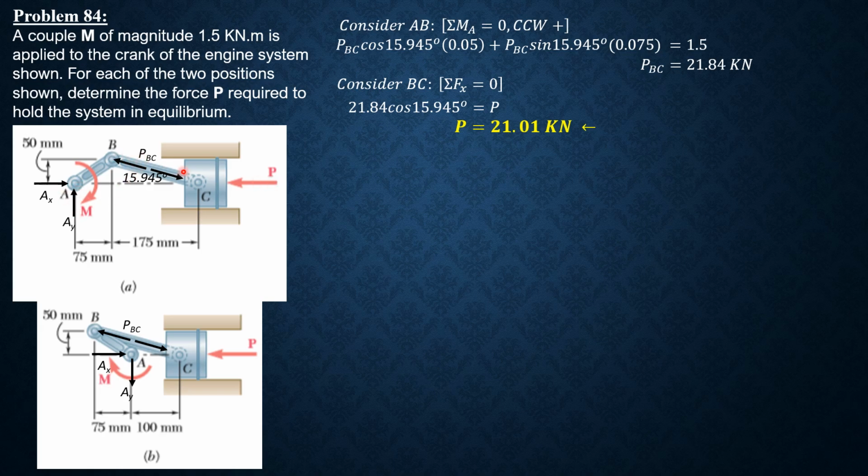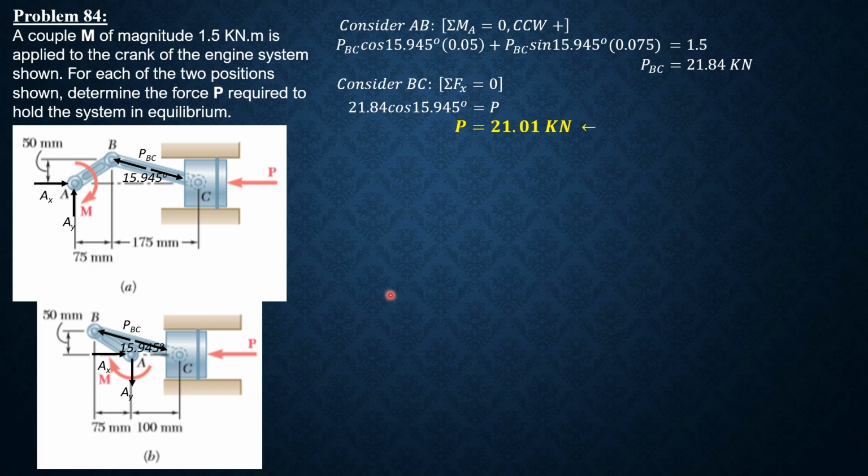We only need PBC. So the angle that PBC makes with the horizontal is arctan of 50 over 175, so it's the same, 15.945 degrees. So the horizontal component is counterclockwise about A, while the vertical component is clockwise about A.